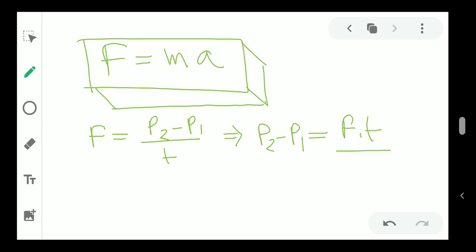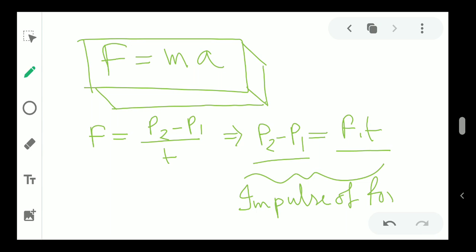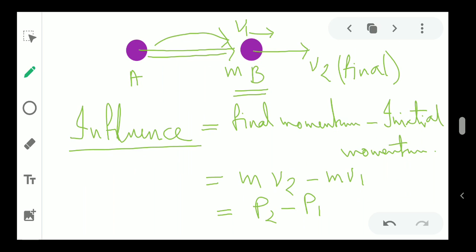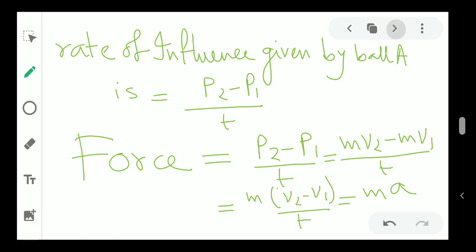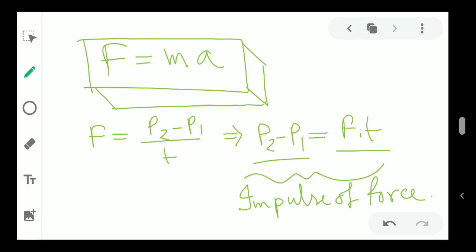Now this term is called the impulse of force. What is the impulse of force? Basically, impulse of force is nothing but the total influence given, in this case, by ball A. That means how much total transfer of momentum has happened.